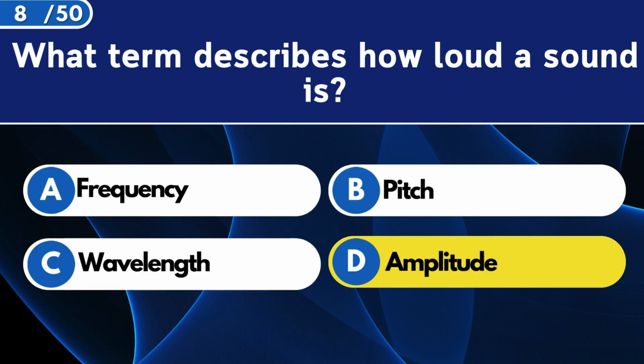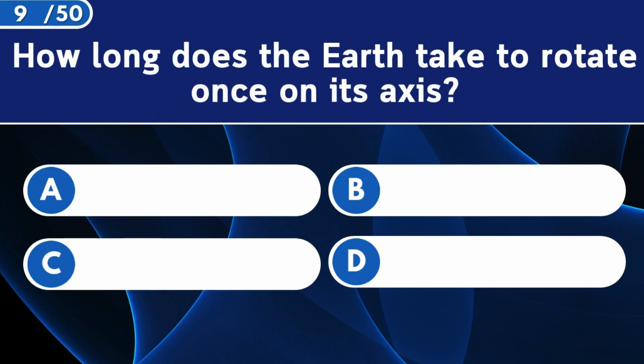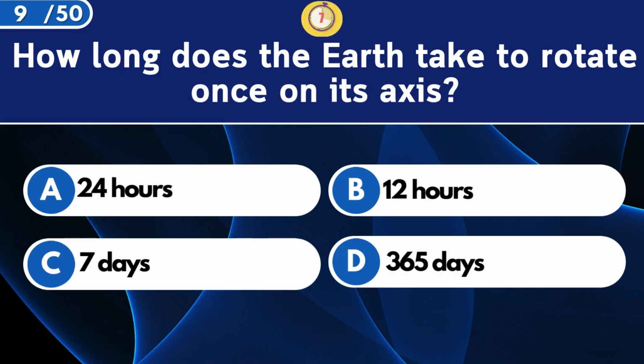Amplitude. How long does the Earth take to rotate once on its axis? 24 hours.